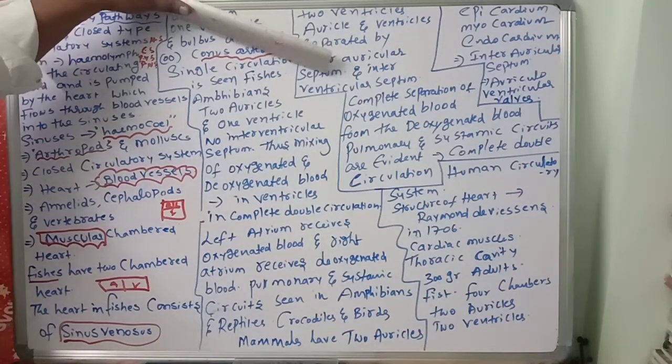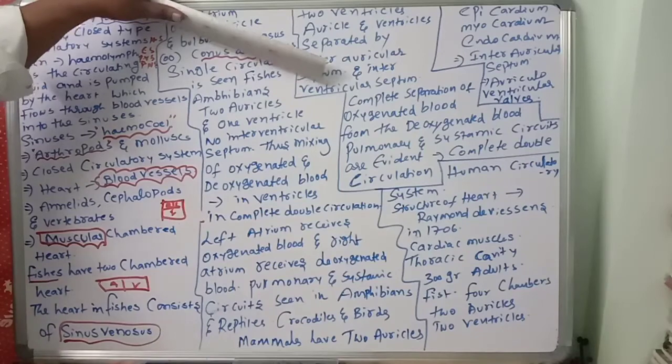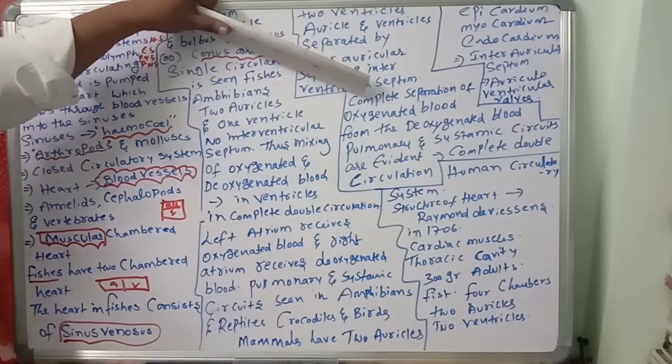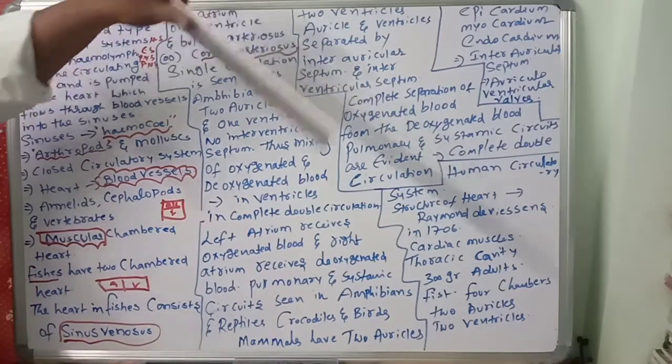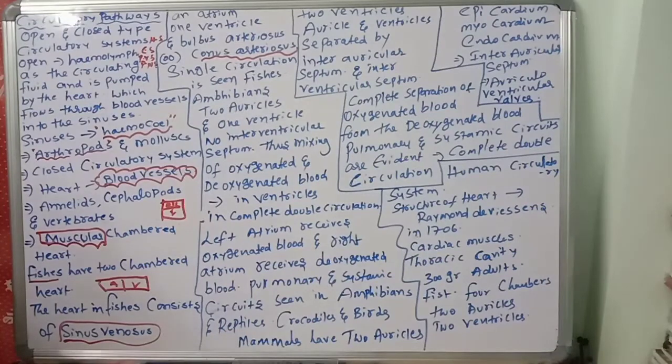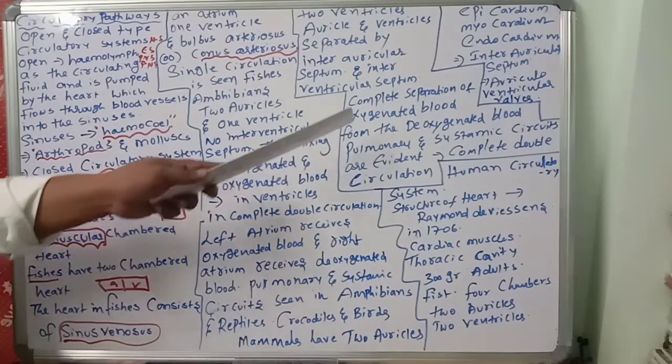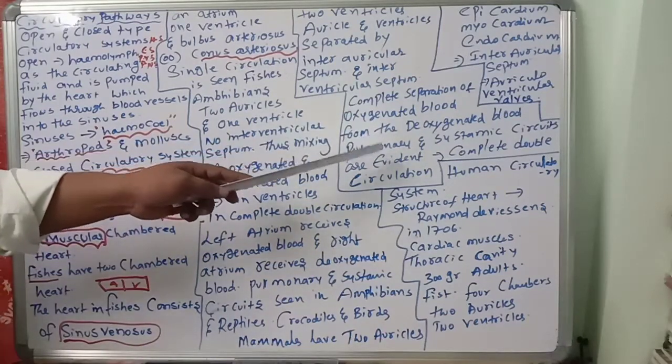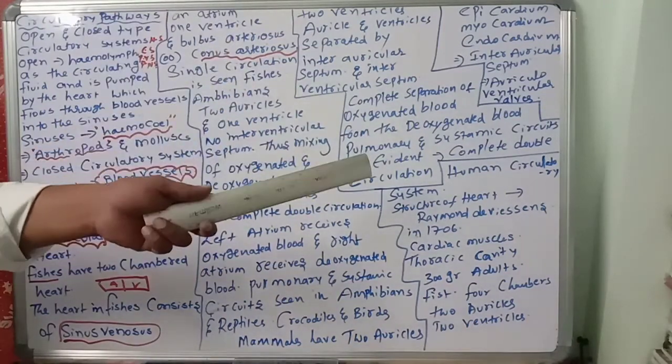These septa are present in the mammalian and bird heart. There is complete separation of oxygenated and deoxygenated blood, so right side blood and left side blood do not mix at all.